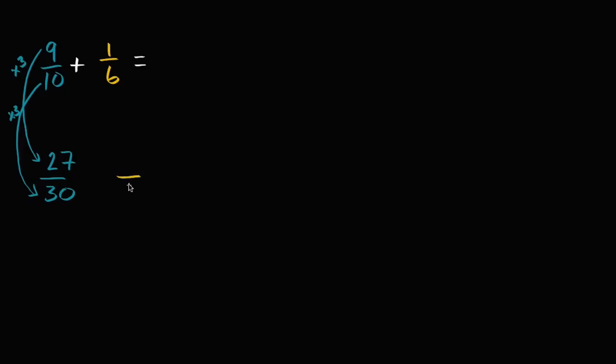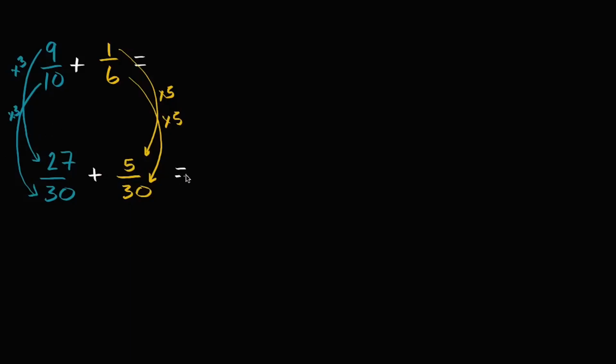So 1/6 is what over 30? And I encourage you to pause the video and try to think about it. So what did we do to go from 6 to 30? We had to multiply by 5. So if we multiply the denominator by 5, we have to multiply the numerator by 5 as well. So 1 times 5 is 5. So 9 tenths is the same thing as 27 thirtieths, and 1/6 is the same thing as 5 thirtieths. And now we can add.